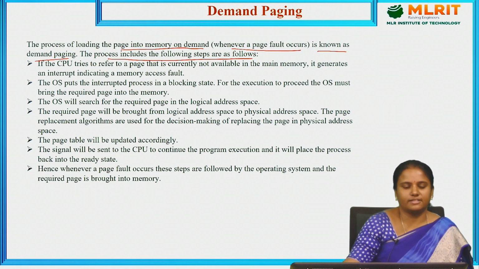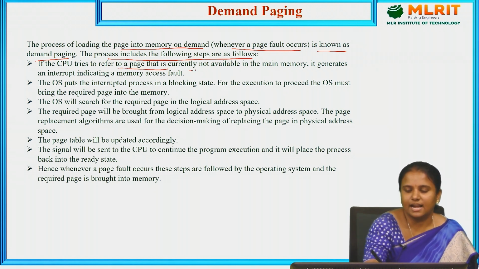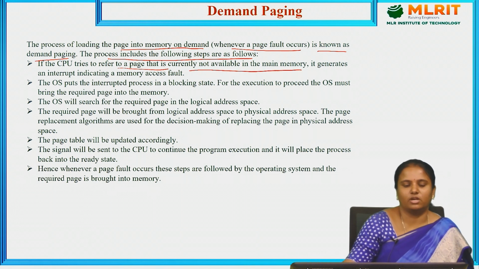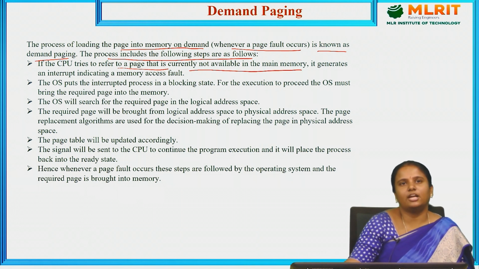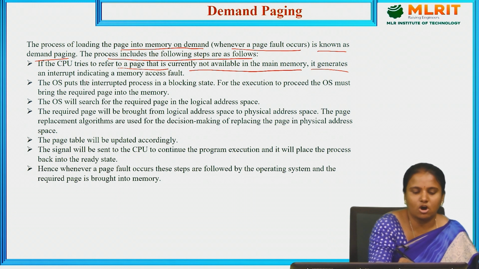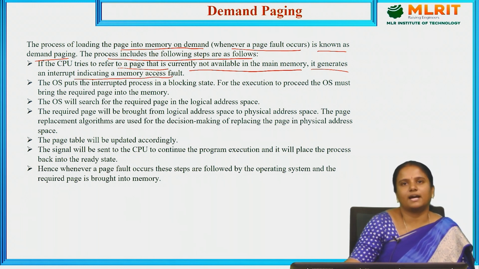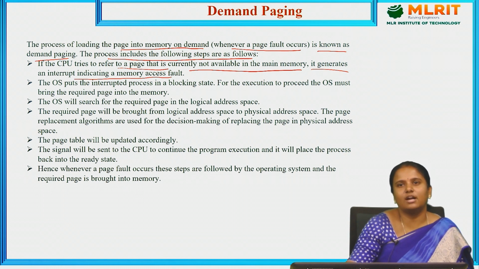Let us see the first step. If the CPU tries to refer to a page that is currently not available in the main memory, it automatically generates an interrupt indicating a memory access fault. So if the page is not available, the fault occurs immediately.